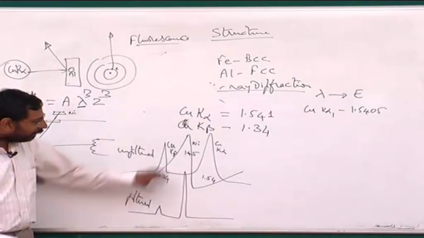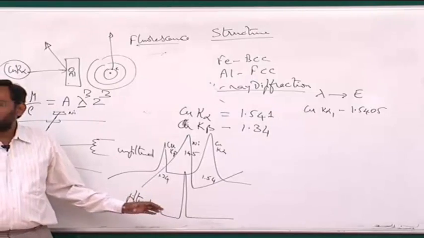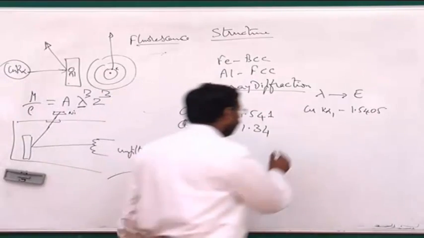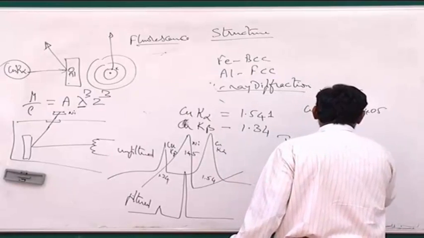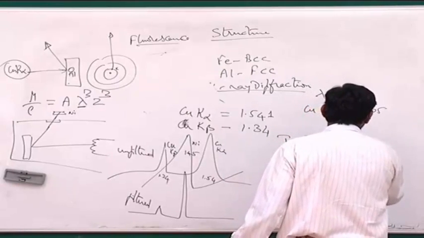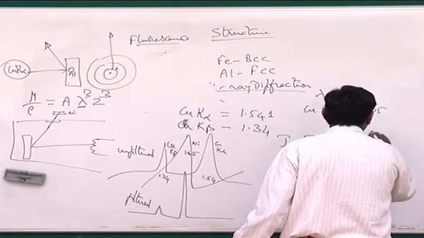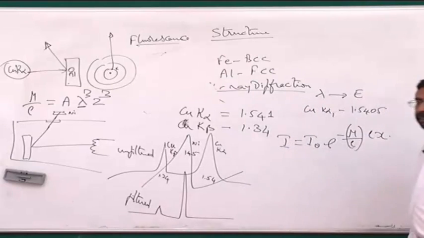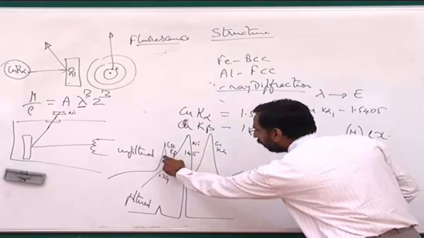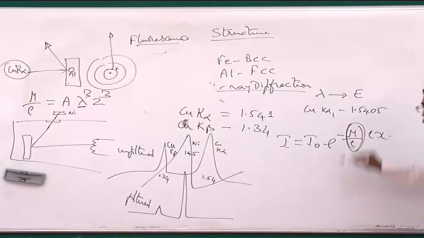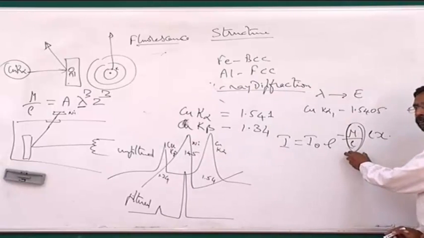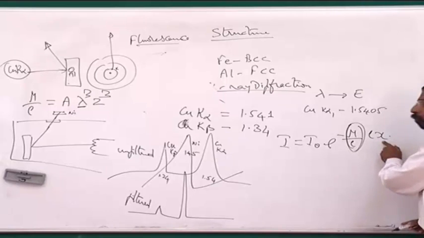After filtering, what does this filtering depend on? As you can see, the intensity is I naught into exponential of minus mu by rho into rho x. This is our formula. So how much of this intensity gets absorbed depends on this, which is characteristic for nickel, and also this.